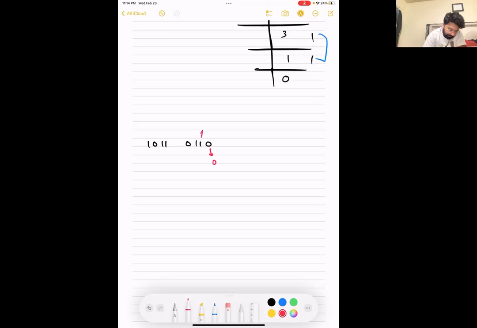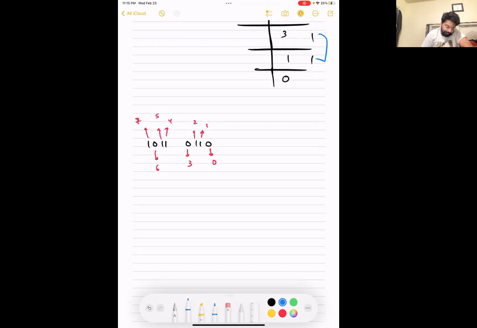This is 0th place, 1st place, 2nd place, 3rd place, 4th place, 5th place, 6th place, 7th place. Then I just write the positions that have a value of 1.